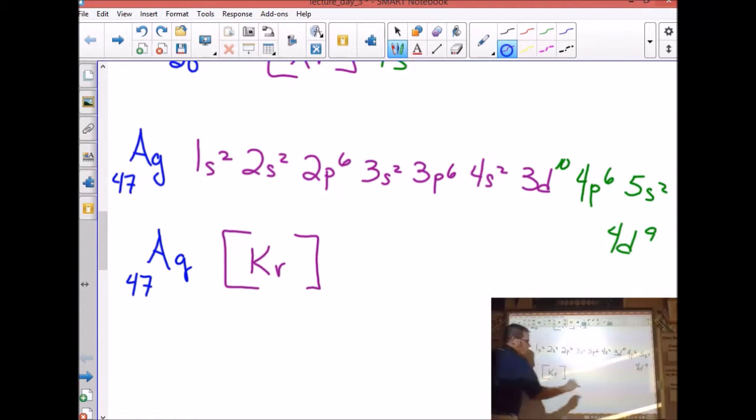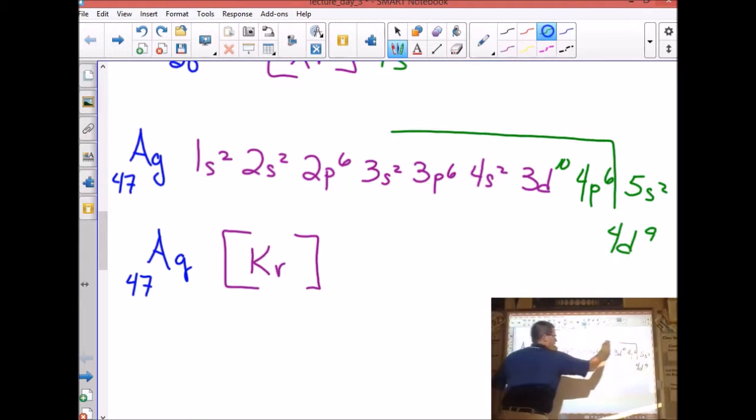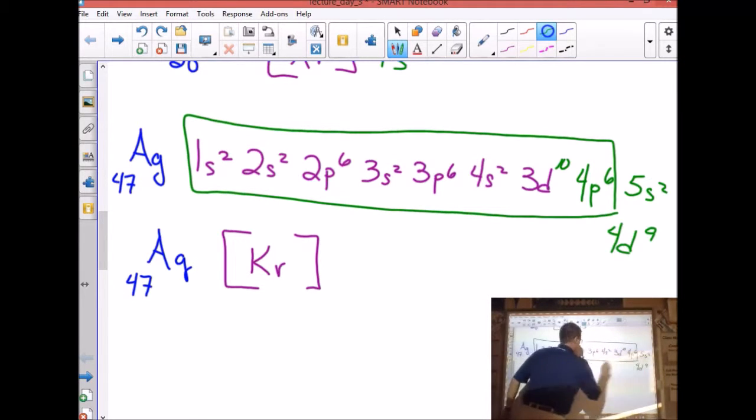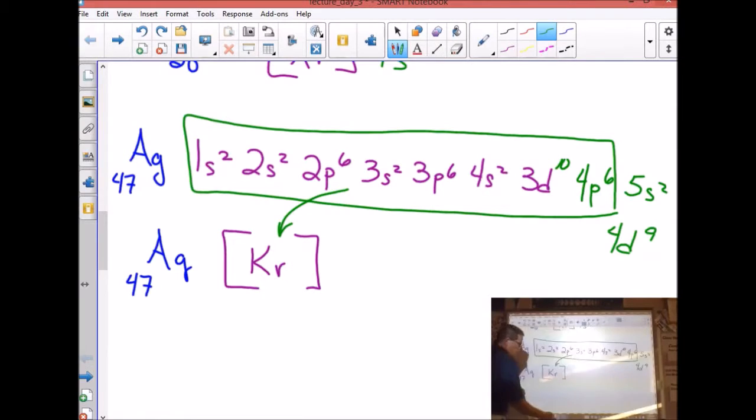Which again represents all of this. And then we go to the row that we're in, which is row 5. So 5s2, then what? 4d9. Cool.